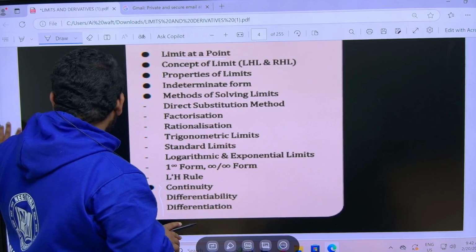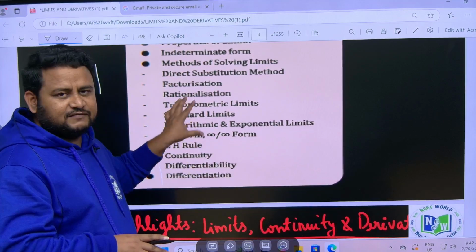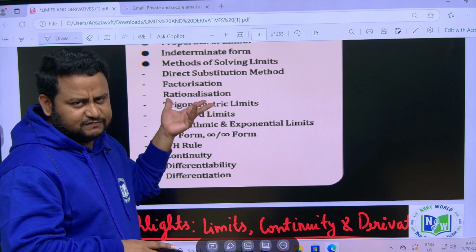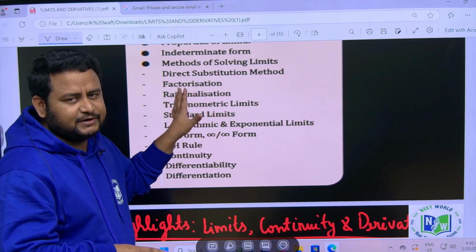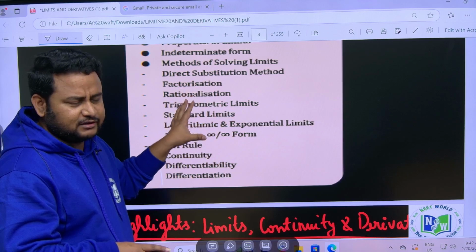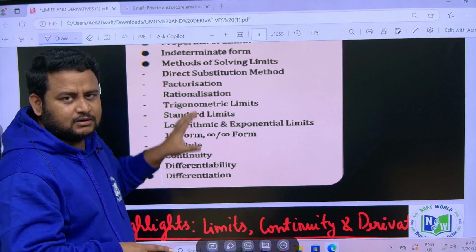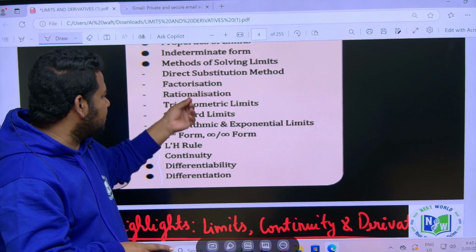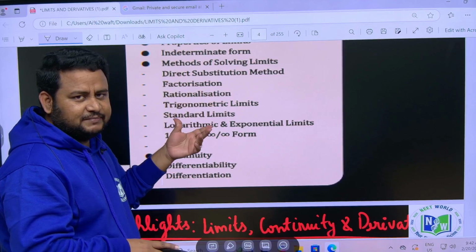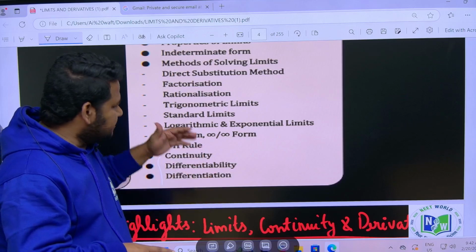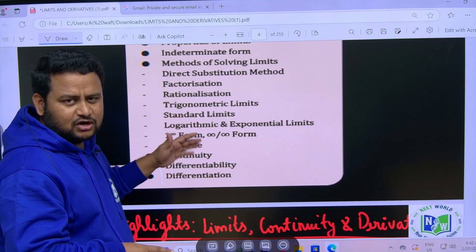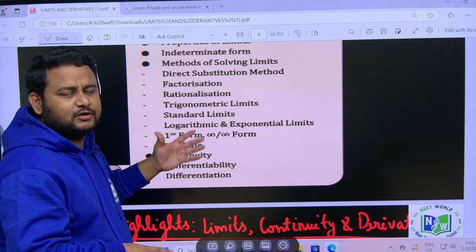After we are done with the concept and example questions of JEE, we will be solving MSET and KSET PYQs pertaining to that topic. Suppose you complete up to the various methods of solving limits, then we will solve PYQs based on those topics. Then in the next session, we will go for the LH rule and similar topics, and we are going to solve the PYQs for those as well.